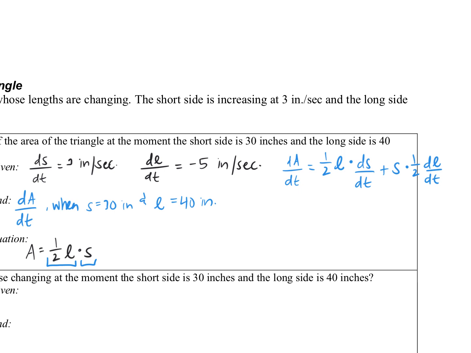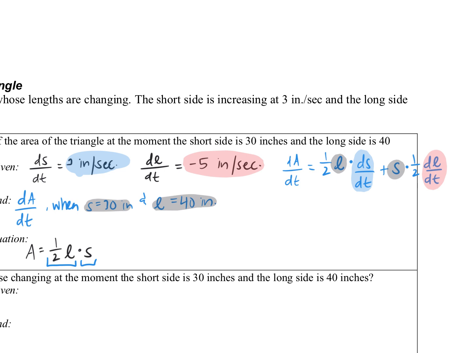Now that I've taken the derivative, I can go ahead and plug in everything that I know. I know that dS/dt is equal to 3 inches per second, and I know dL/dt is negative 5 inches per second, and then I know what S is and what L is equal to.